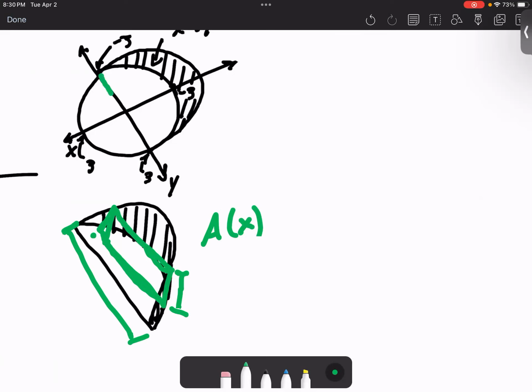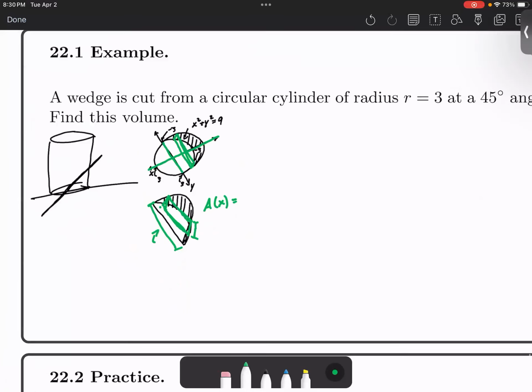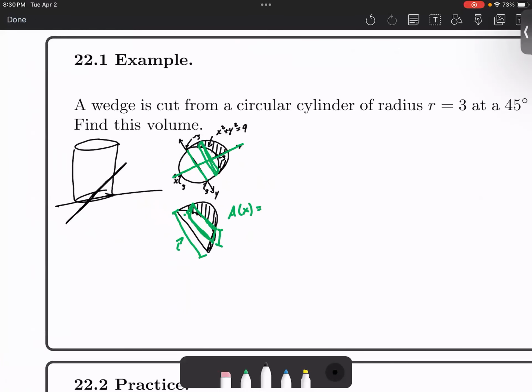Am I drawing a really long but infinitely short rectangle, or am I somewhere in the middle where I have a big rectangle? This is going to be dependent upon where I am on my x-axis. So the length here, if I zoom out again, is given to me by that equation minus this equation.